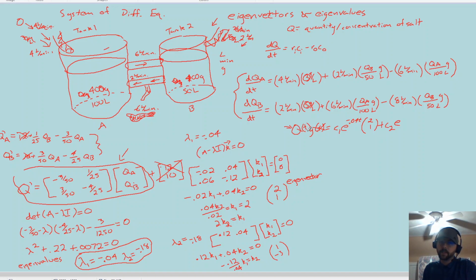So this is a vector, this is a matrix, q of t. C2 e to the negative 0.18 t times the eigenvector associated with that eigenvalue, so the vector 1, negative 3.